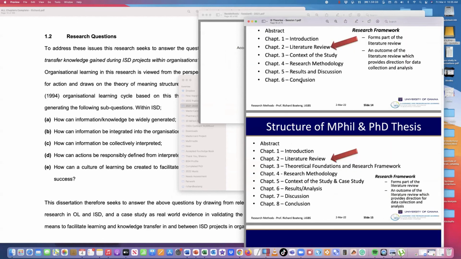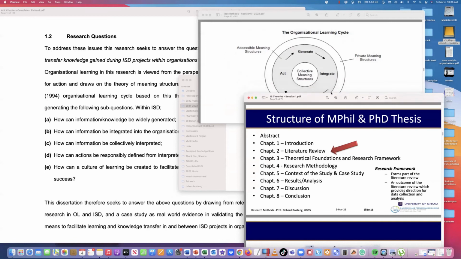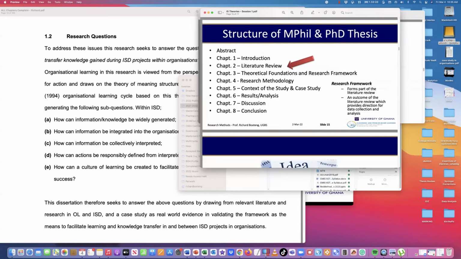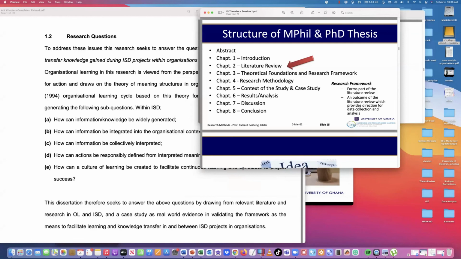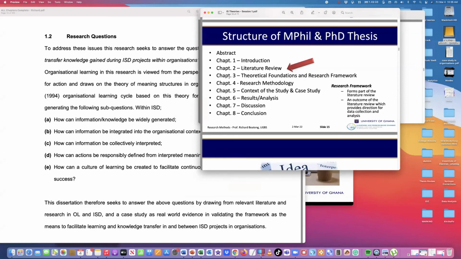This is your MPhil work. This is the structure that I was telling you earlier. You have theoretical foundations and research framework. So you are going to have a chapter in which you discuss the theory itself. Do you realize it? What I showed you was for the generic graduate study, and I told you that for the MPhil students, you have an extra chapter here.